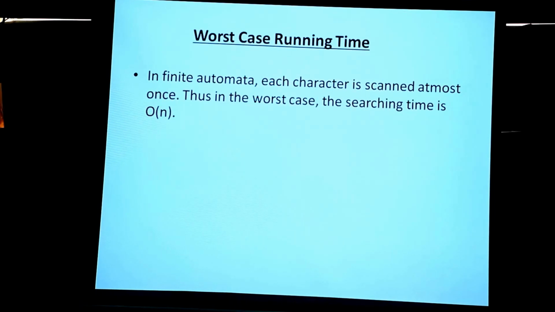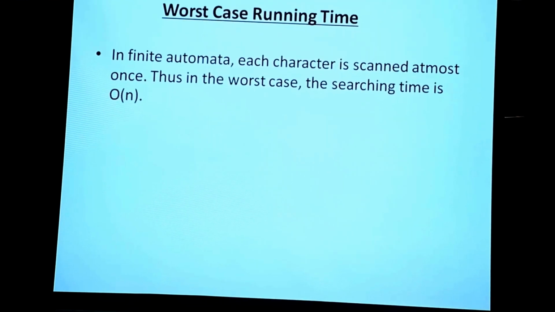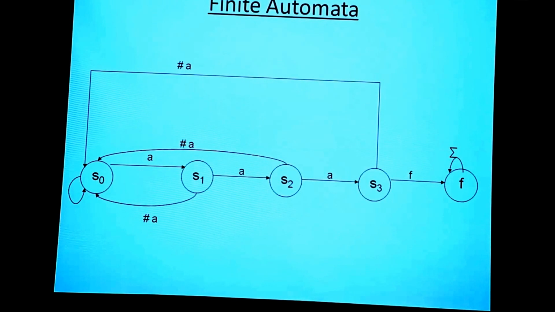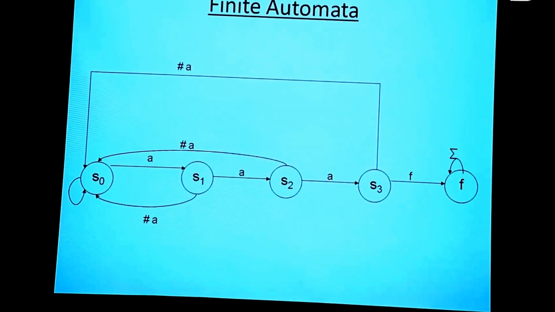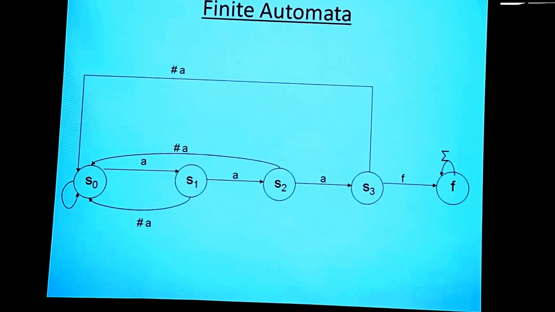I don't have the figure for that. Suppose I have a text. How will it work? I scan this character and we see that it matches A, so we change our state.